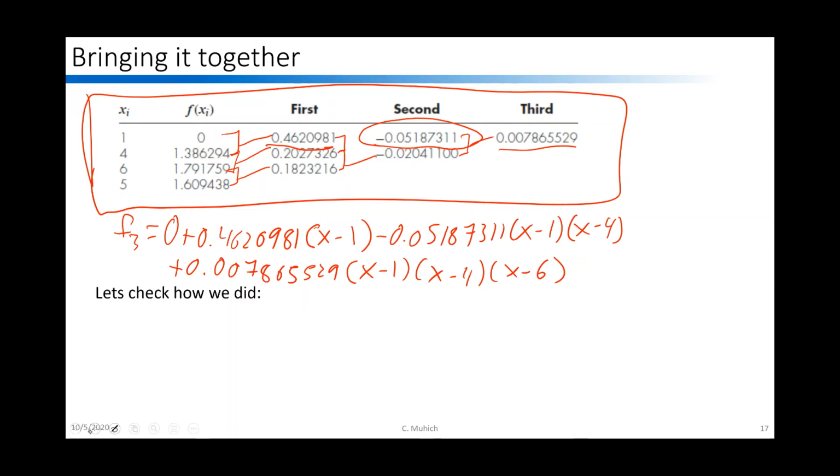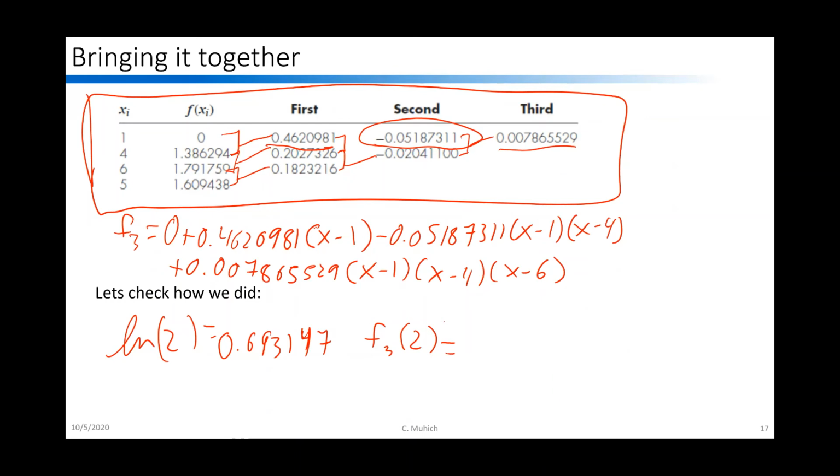We can check to see how we did. So we can take the natural log of 2. This is going to be 0.693147. And we can actually calculate out our Newtonian interpolation.